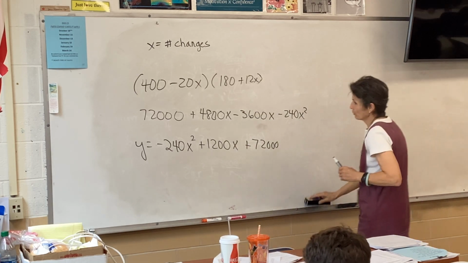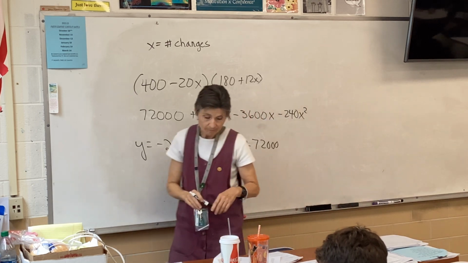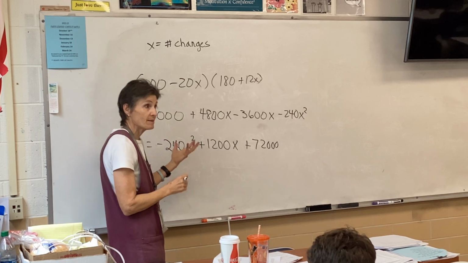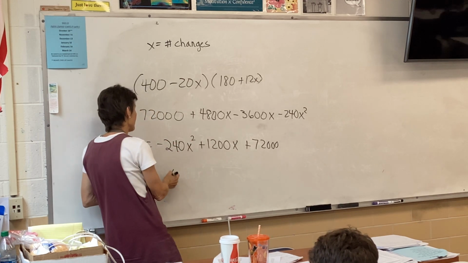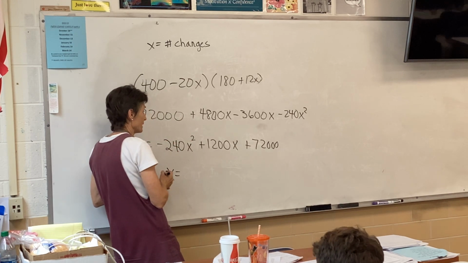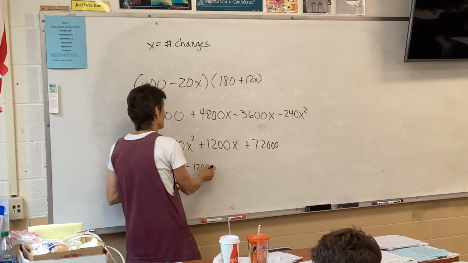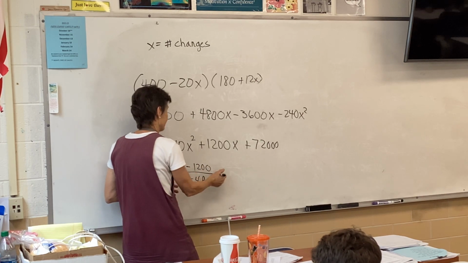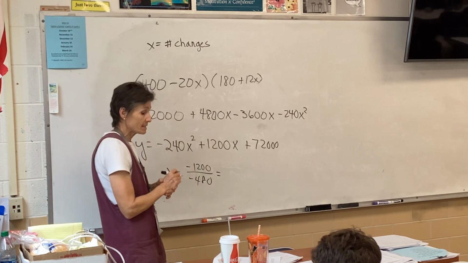Now, again, you're going to have a calculator. So you could graph this on your calculator and find the maximum, but you can probably more quickly find the maximum doing negative b over 2a, because it is a parabola.